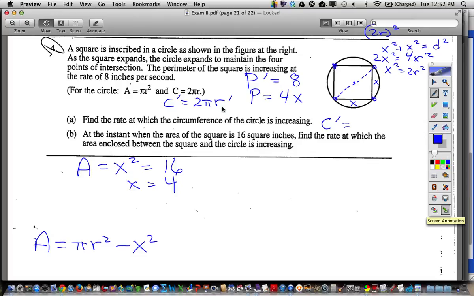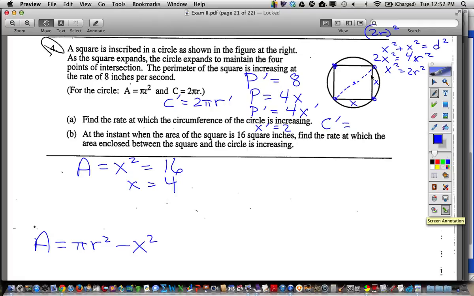I'm trying to get r involved here somehow. P is 4x, so what's P prime? 4x prime. If P prime is 8, what's x prime got to be? So x prime's got to be 2.